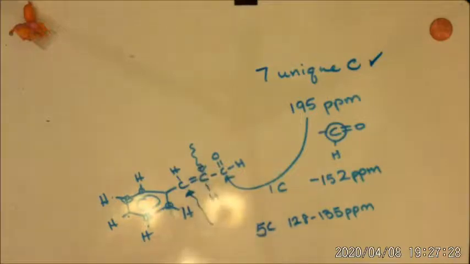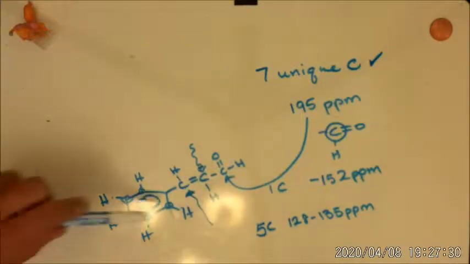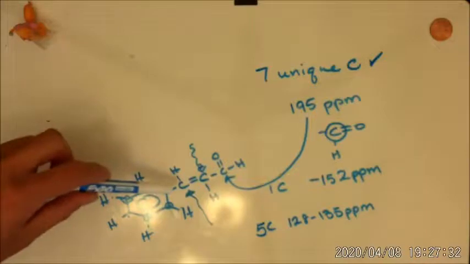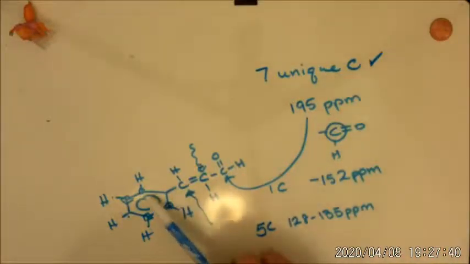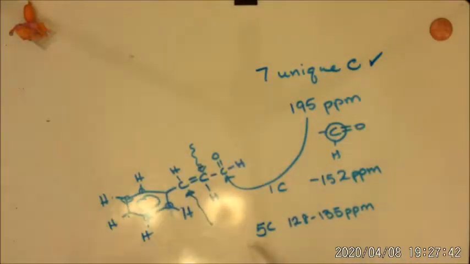My guess is probably that one. And then for the range closer to the aromatic, these 5 carbons would be in this range. And you would just block those off.